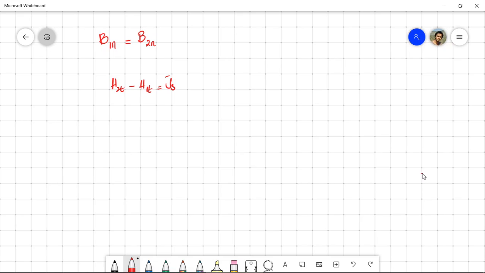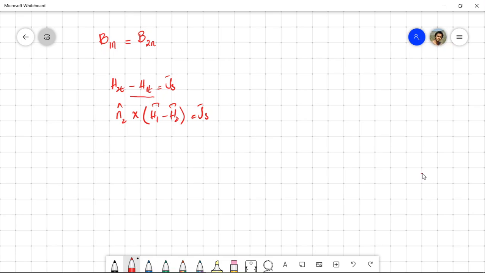Now, the thing that was left in the last lecture because of time shortage was another form in which these boundary conditions were mentioned in the book, and that might confuse you a little bit. They mentioned this boundary condition in the form of vectors, and the expression written in the book is n2 hat cross H1 vector minus H2 vector equals Js.